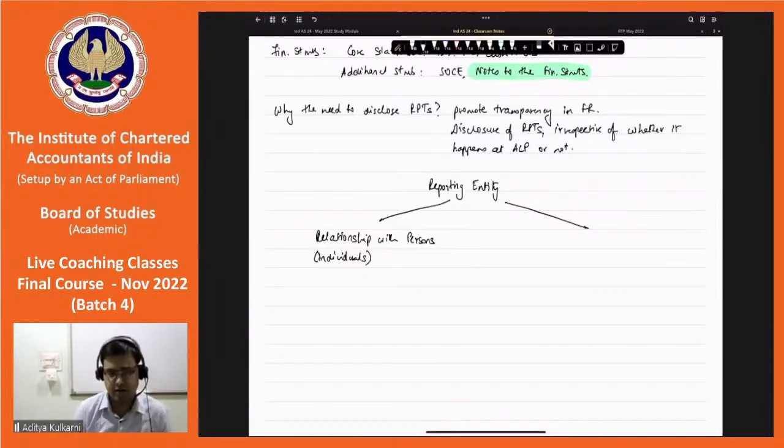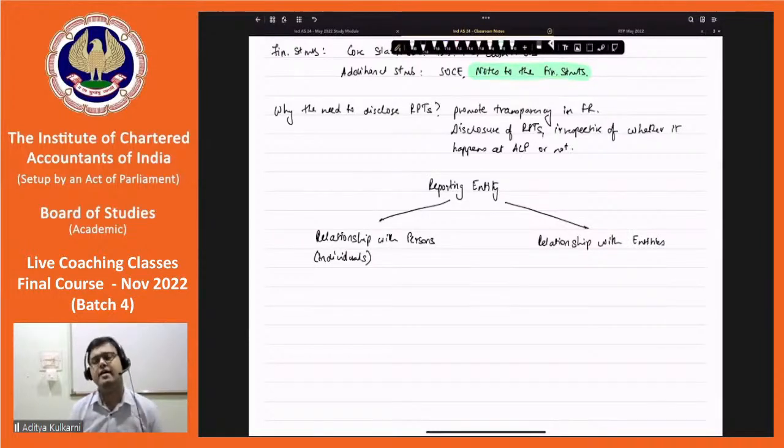The next one is relationship with entities. They could be your subsidiaries, joint venture, associates, any other party, employee welfare trust. All these things will be covered in this section. So we are going to discuss under these two things.